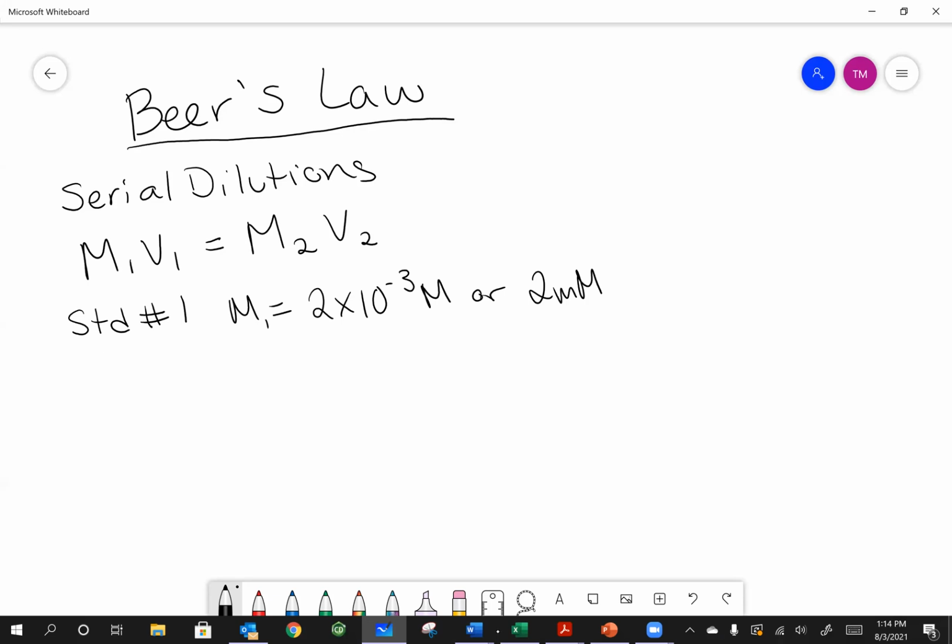The volume of standard number 1 that we're transferring is 0.5 milliliters. So we're taking 0.5 milliliters of our 2 millimolar solution to make a 2 milliliter solution. So what is M2?